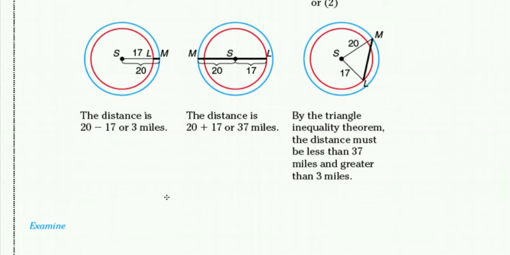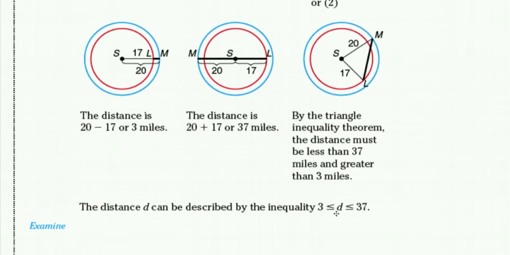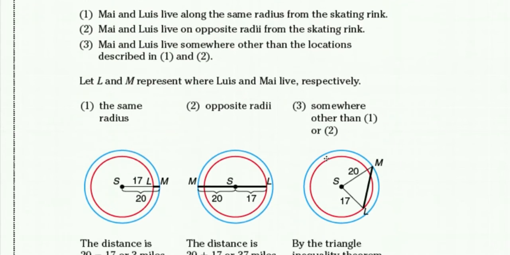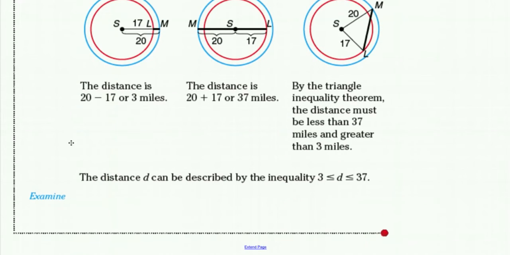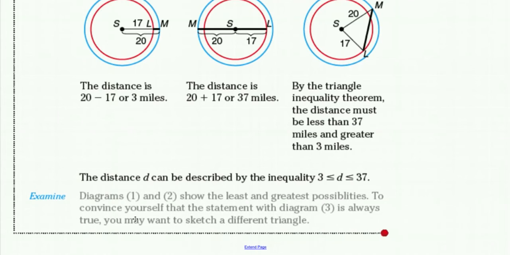So the distance d can be described by the inequality: d is greater than or equal to 3 miles and less than or equal to 37 miles. And that's how drawing a diagram can help us solve this type of problem. Diagrams 1 and 2 show the least and greatest possibilities.